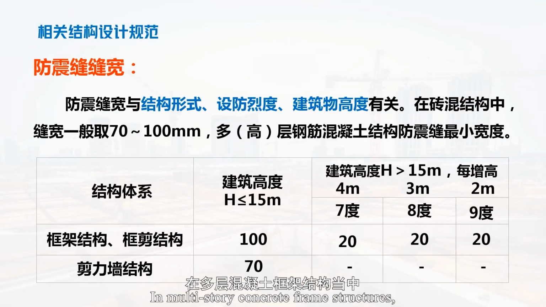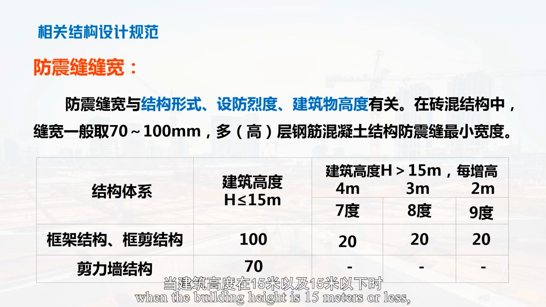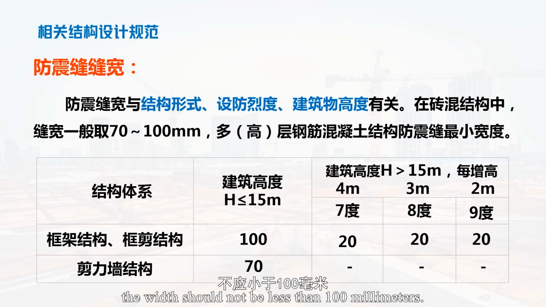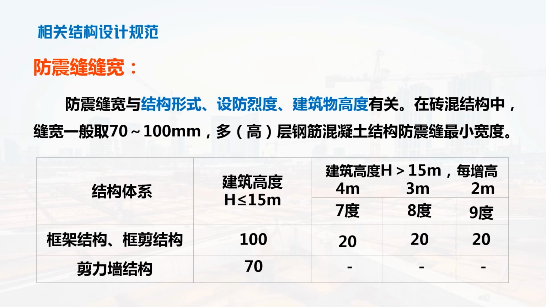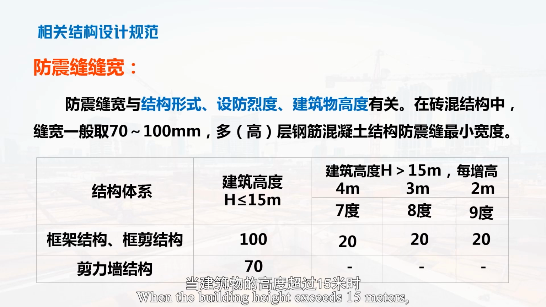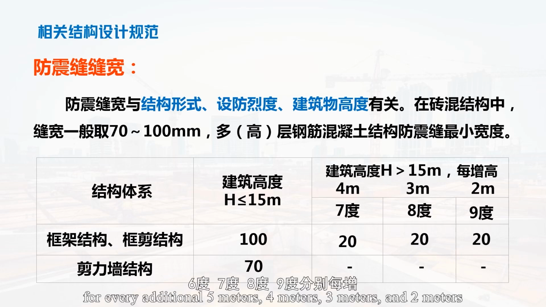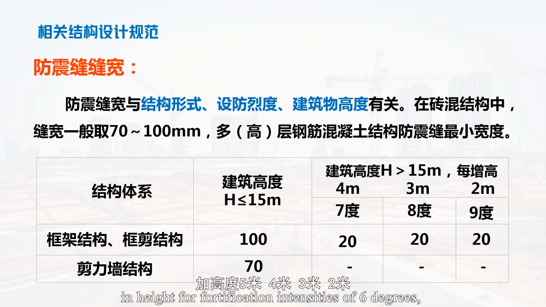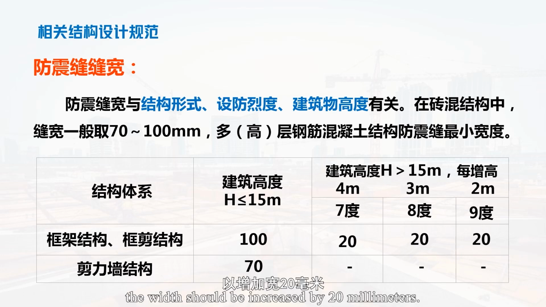In multi-story concrete frame structures, when the building height is 15 meters or less, the width should not be less than 100 millimeters. When the building height exceeds 15 meters, for every additional 5 meters, 4 meters, 3 meters, and 2 meters in height for fortification intensities of 6 degrees, 7 degrees, 8 degrees, and 9 degrees respectively, the width should be increased by 20 millimeters.